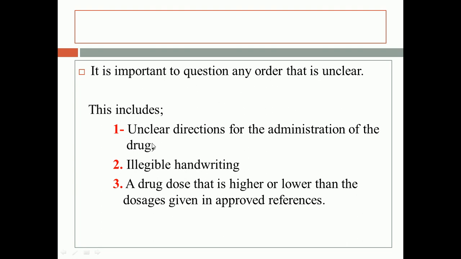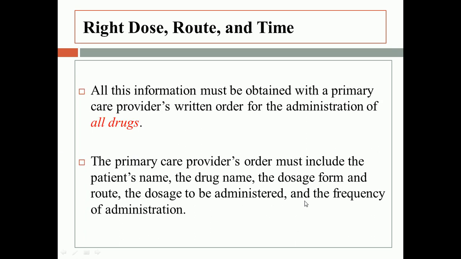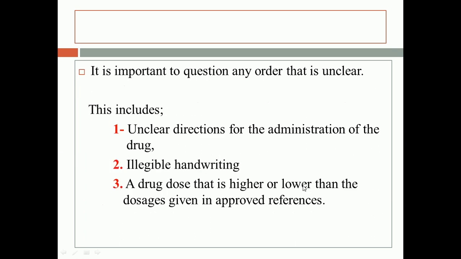An unclear order may include unclear directions for the administration of the drug, such as at what time it must be administered, or the frequency or dosage form might be unclear. Illegible writing: we are familiar that the writing of physicians is sometimes illegible, and you might not be able to read out what is written. That might also cause confusion.